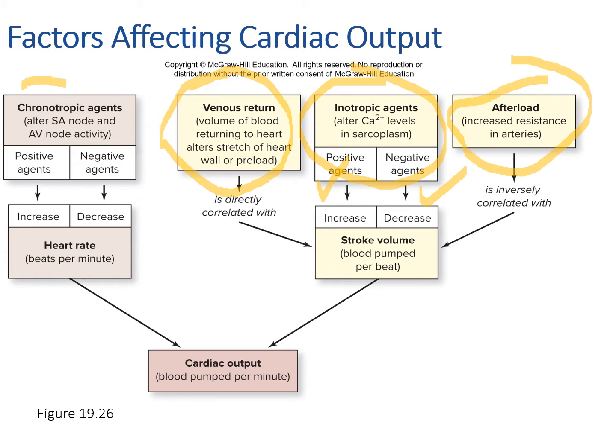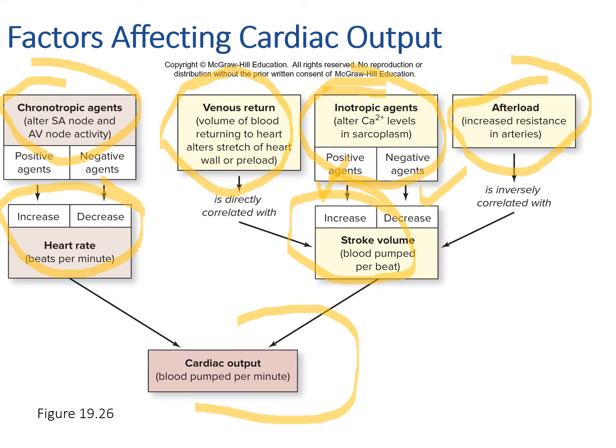The speed of the squeeze is chronotropy, chrono meaning time, and inotropic means the power of the squeeze itself, the strength of the squeeze. So we can increase the speed and the strength of the heart per squeeze, how quickly or strongly it empties, to increase cardiac output.